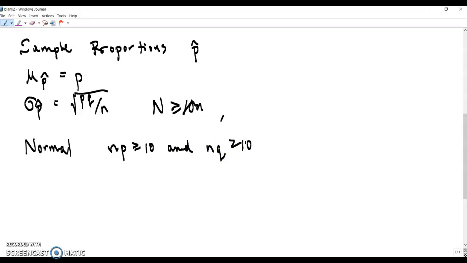So really want to be careful that we don't confuse the conditions for proportions with the conditions for means. Means, central limit theorem, n equals 30, or the population is normally distributed. Proportions, np greater than or equal to 10, nq greater than or equal to 10. It's probably the biggest mistake students make on this section, this chapter, is they confuse the conditions for normality.